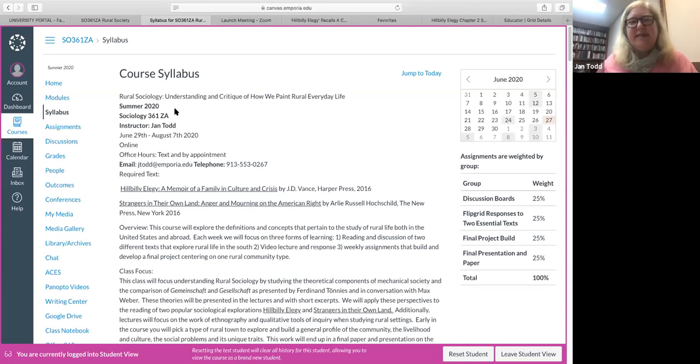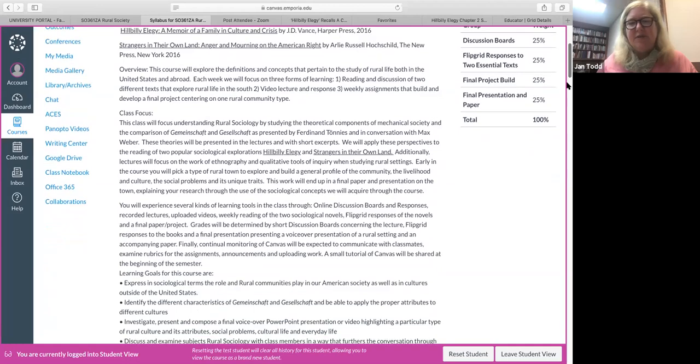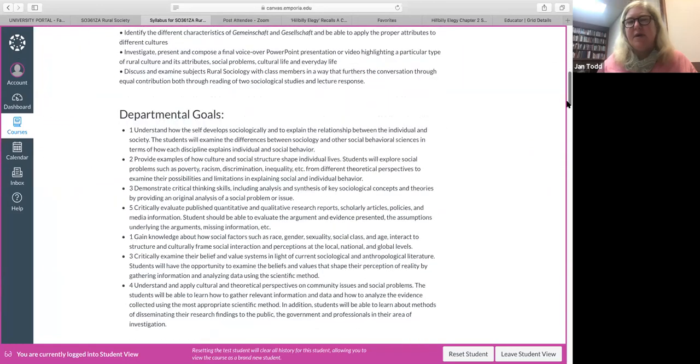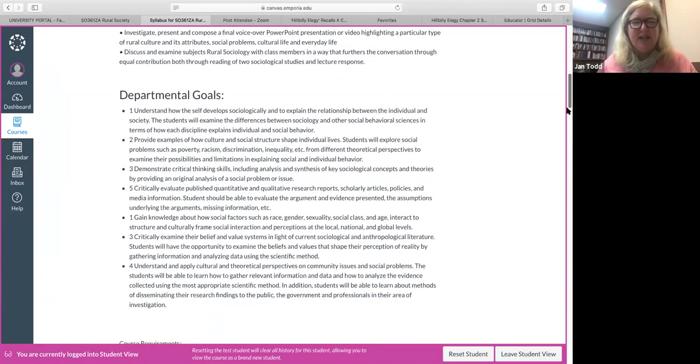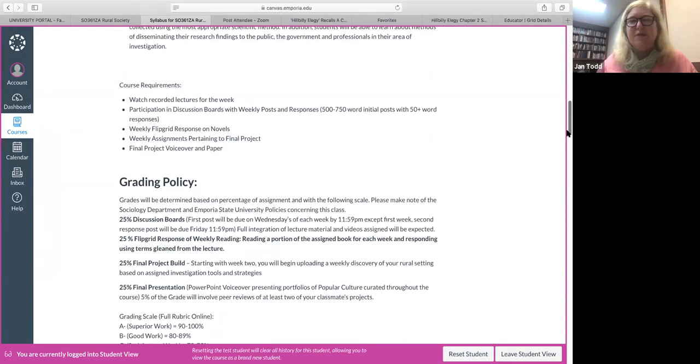The syllabus is set up so that you can look, and I will put it in the files as well, but it takes you through the class focus, all the department goals that we're expecting to achieve, and also my requirements, which is to watch the recorded lectures each week. I will try to keep those around 20 minutes.